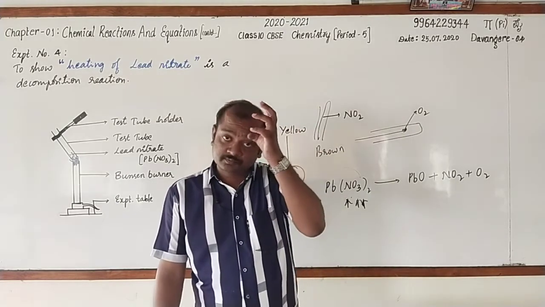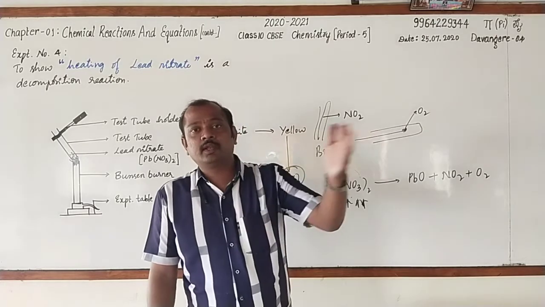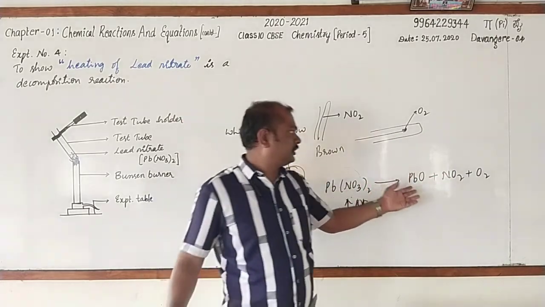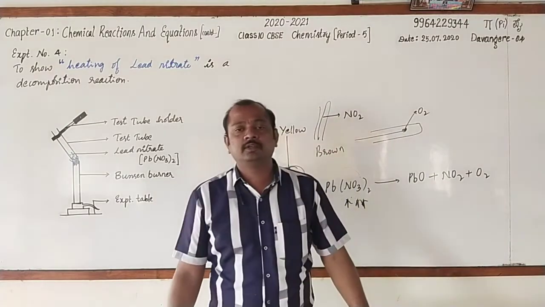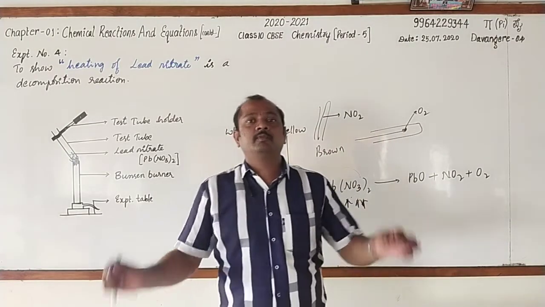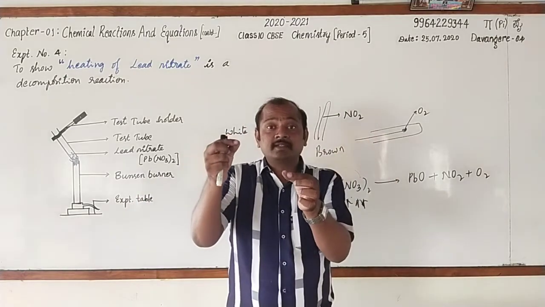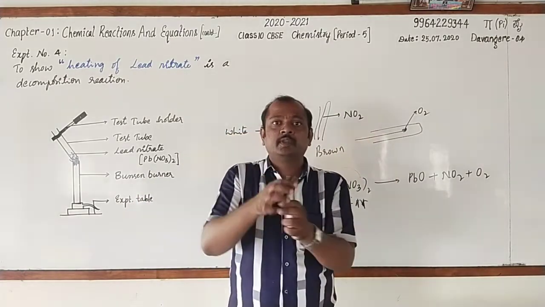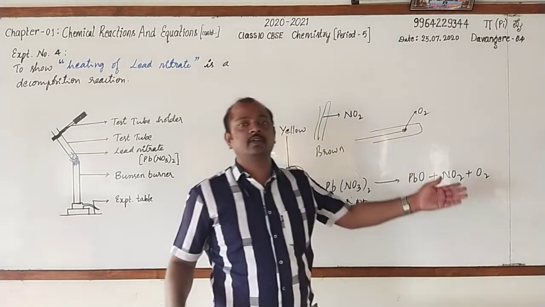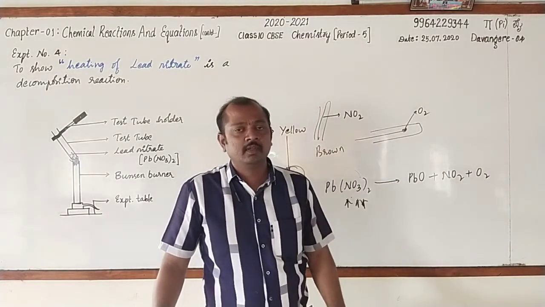Brown color fumes will come out during the chemical reaction. Based on that, you can say they are nitrogen dioxide. Next, the presence of oxygen. Even when you bring a lighted matchstick near the mouth of the test tube, it starts burning brightly. That is also the indication of the presence of oxygen.